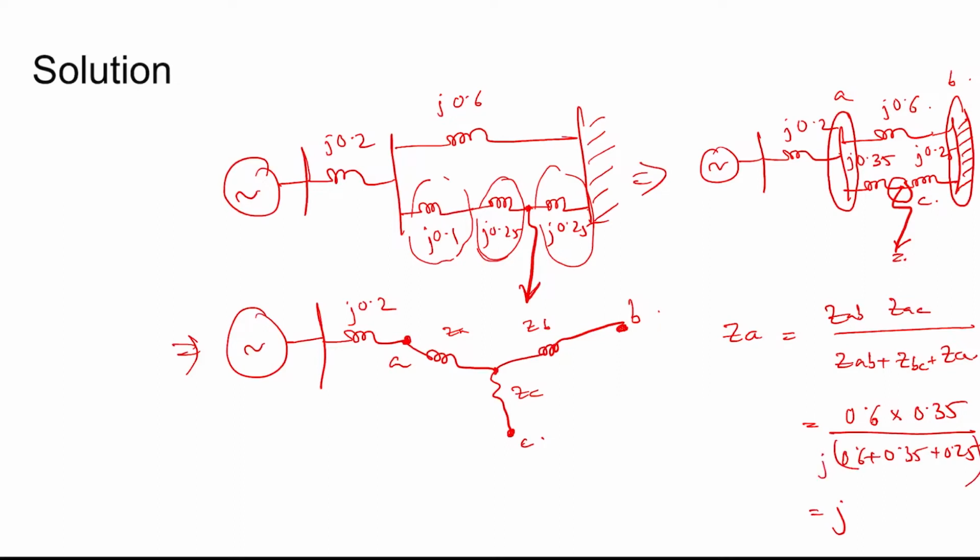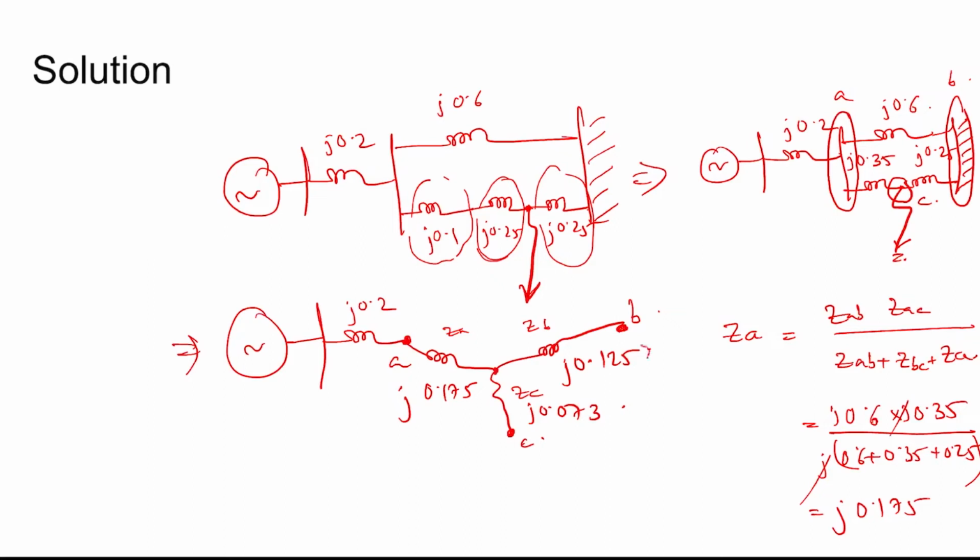Because this is all j, the j cancels. So ZA for the star converted impedance is coming out as 0.6 into 0.35 divided by 0.6 plus 0.35 plus 0.25, which is 0.175. Similarly you will find ZB to be 0.125 and ZC to be 0.073.